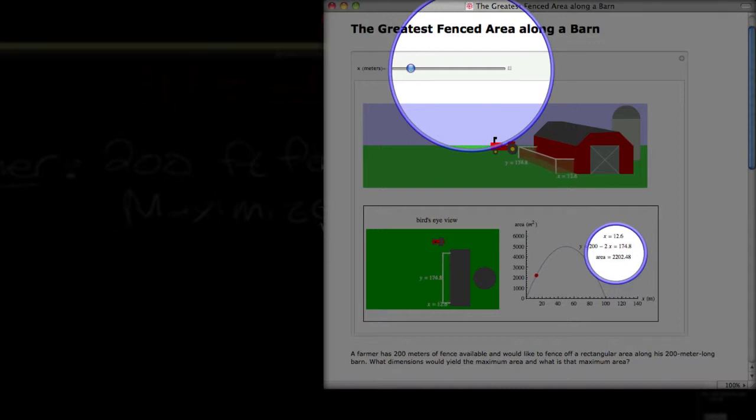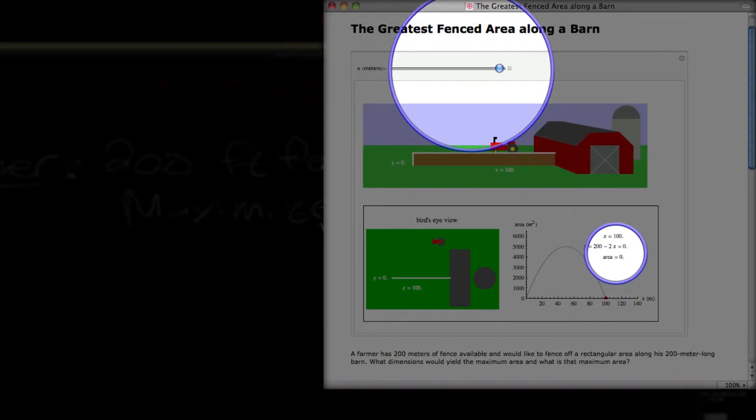But there reaches a point where the area is increasing, and then all of a sudden the area starts going down. So it starts getting really, really skinny up until the point where you've got both 100-foot length sides, and they're just stuck to each other, so the area is nothing.